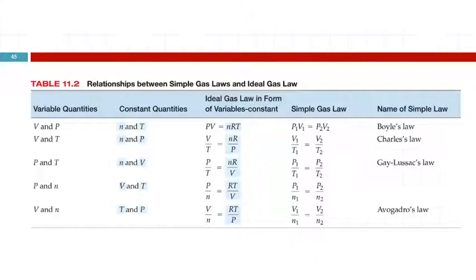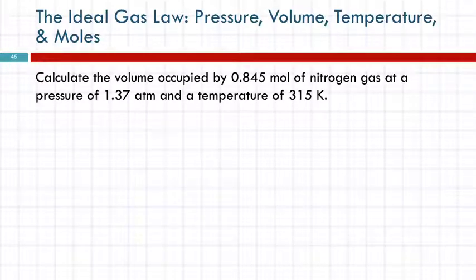Okay, where am I? So let's use the ideal gas law. So here's the question. Calculate the volume occupied by 0.845 moles of nitrogen gas at a pressure of 1.37 atmospheres and a temperature of 315 Kelvin. If you notice that nothing's changing, you can go directly to using the ideal gas law.